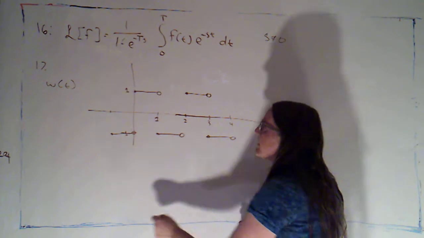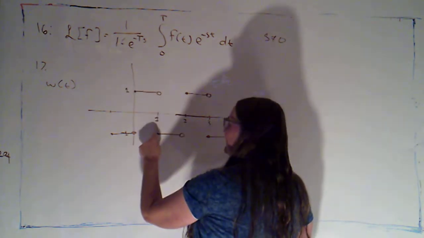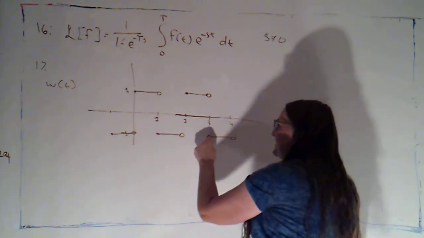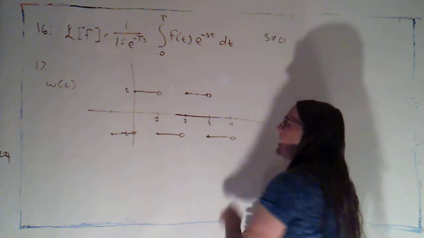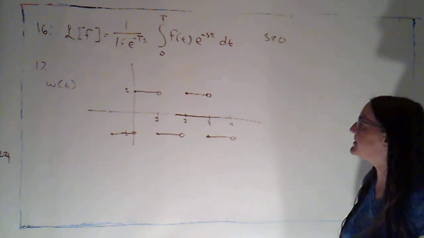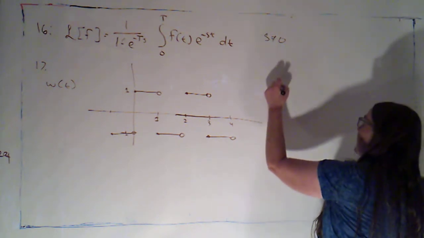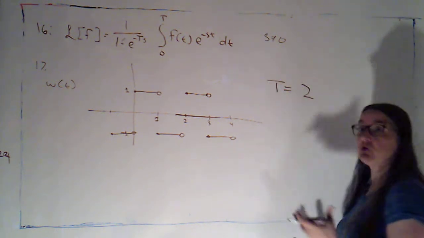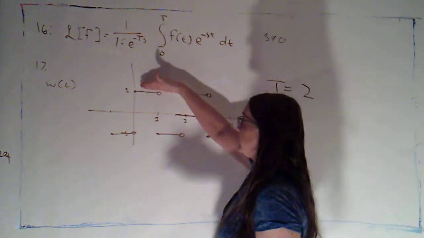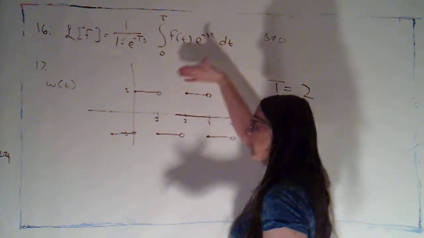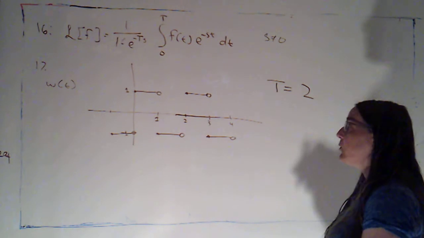It's always at the left end point that we have a point. At the right end point of each interval, we have a hole. That's where the jump takes place. Okay, so this is a periodic function, and the period here would just be 2. One positive line segment, one negative line segment. That gives me the entire square wave.